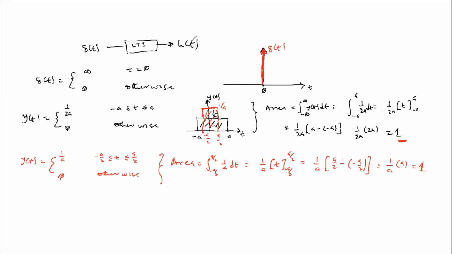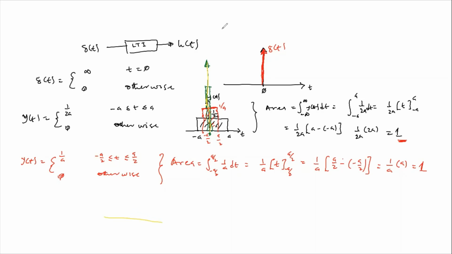So, technically, we can conclude that as the width tends to 0, the height is seen to extend to infinity, such that the area is defined as 1.